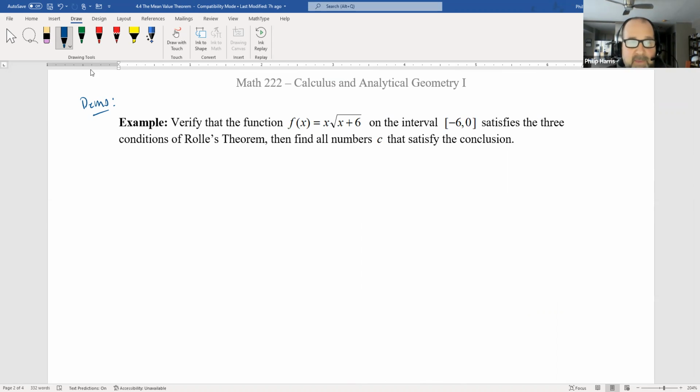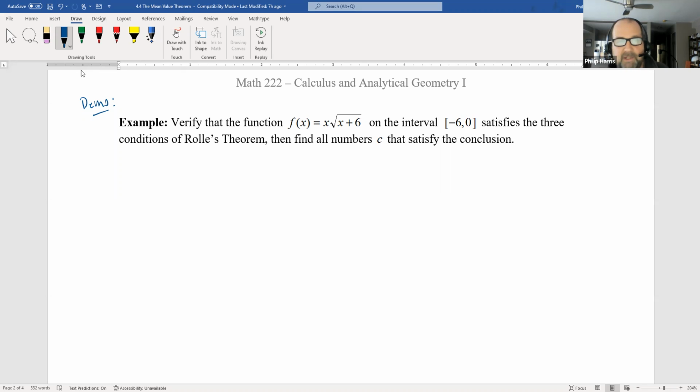The question is to verify that the function f of x equals x times the square root of x plus 6 on the closed interval from -6 to 0 satisfies the conditions. If it satisfies the conditions of Rolle's theorem, then the conclusion must be true. That is, there would have to be a c number on the interval from -6 to 0 where we have a horizontal tangent.